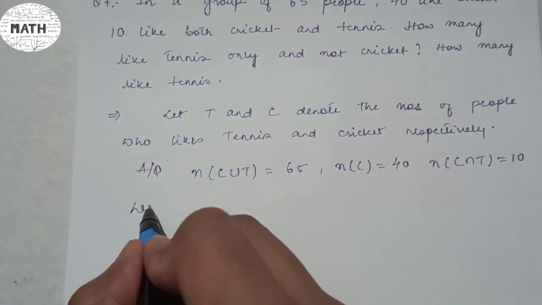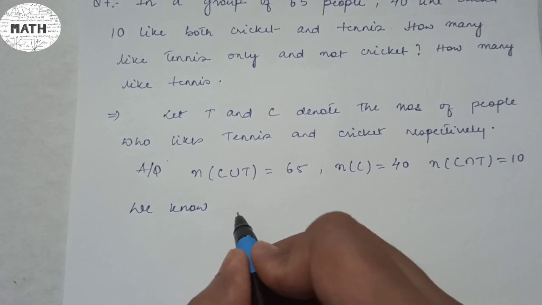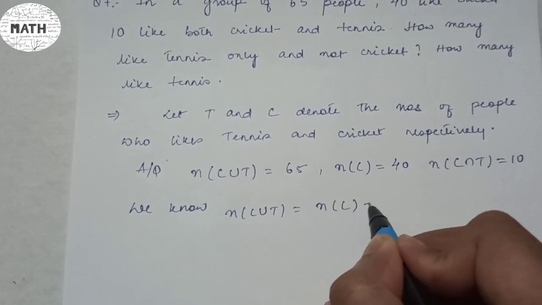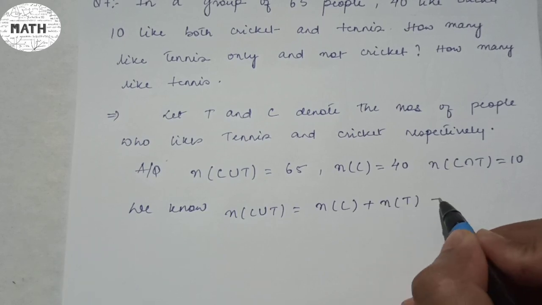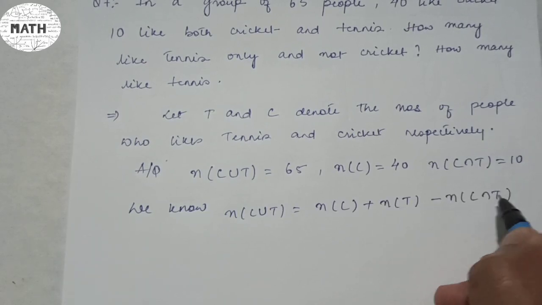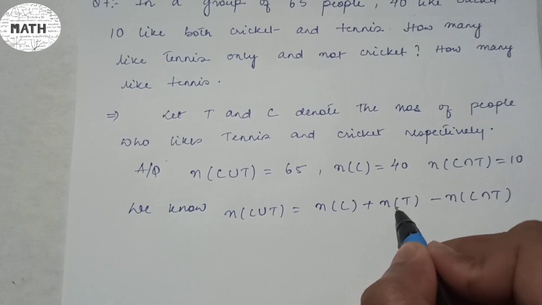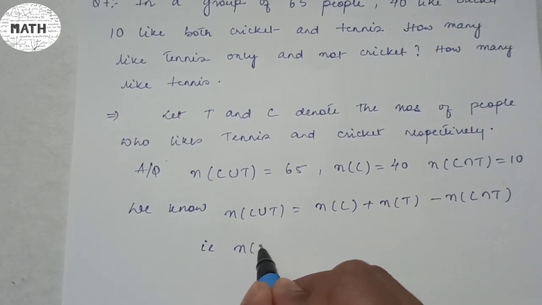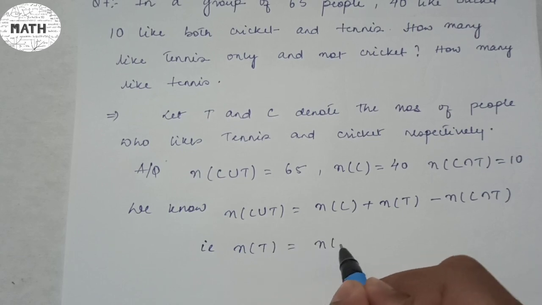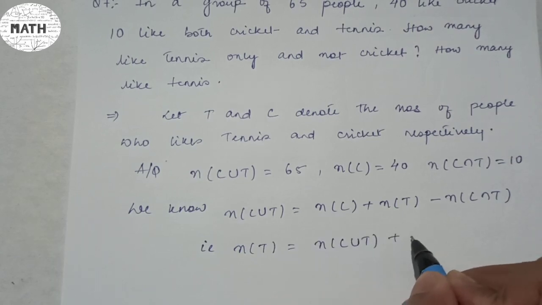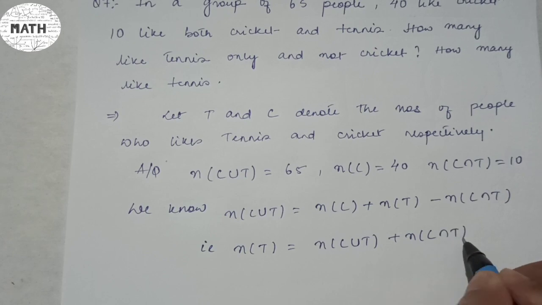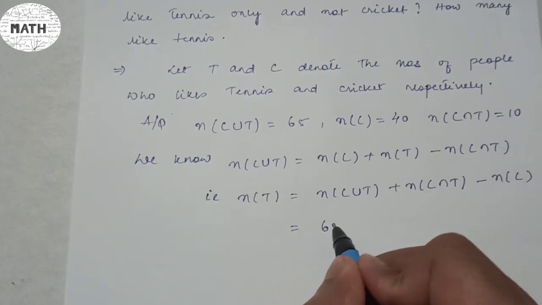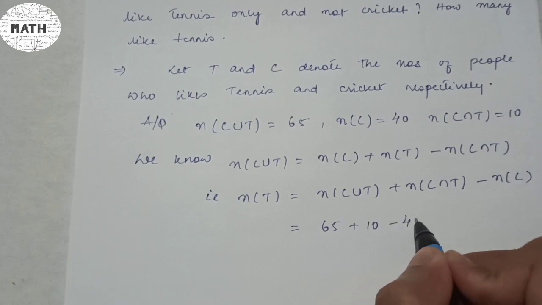Okay, so as we know that n of C union T is equal to n of C plus n of T minus n of C intersection T. Our main focus is to find this one, so I'm going to bring this and this over here, so that n of T would be nothing more than n of C union T plus n of C intersection T minus n of C. So which is nothing more than 65 plus 10 minus 40.